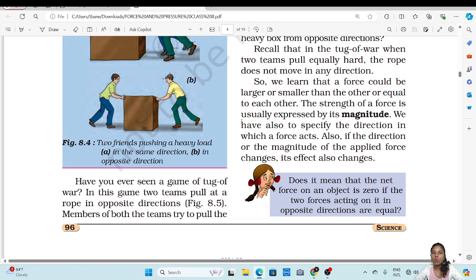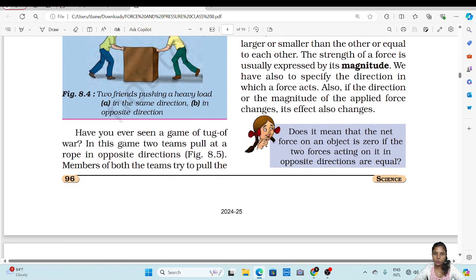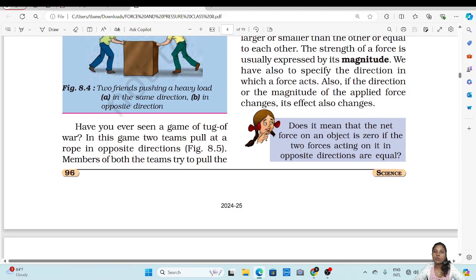So we learned that a force could be larger or smaller than another, or equal to it. The strength of a force is usually expressed by its magnitude. One may have a higher force, the other a lower force. Also, it can be equal. We also have to specify the direction in which a force acts.